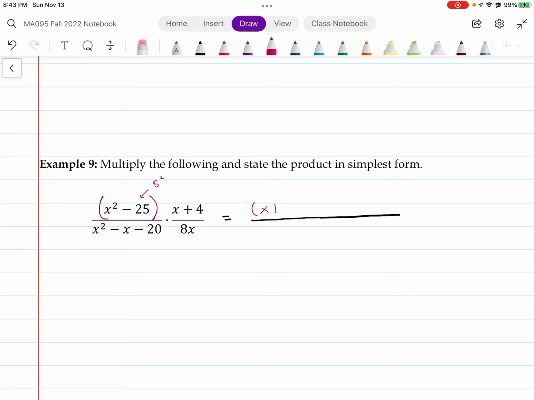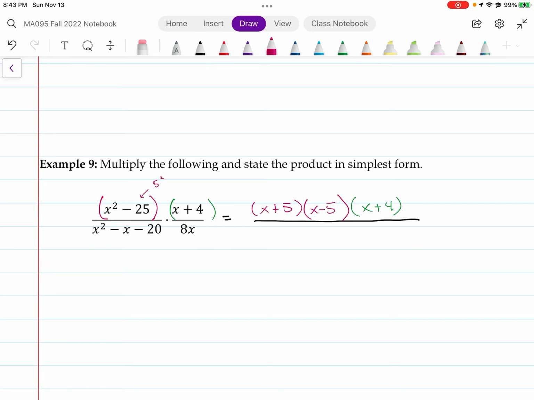So we get x plus 5, x minus 5, and then we've got here the x plus 4. All right, so they're all multiplied together. This is just gonna drive me batty, so I'm gonna fix this so it's straight. There we go.